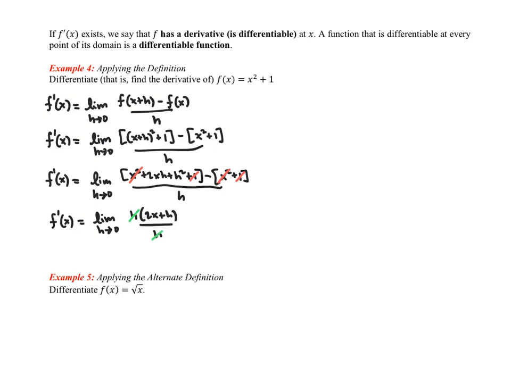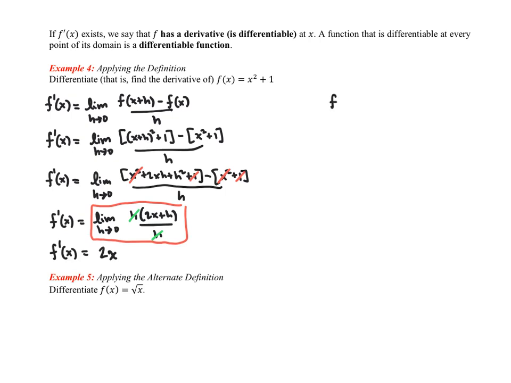Therefore, like we saw earlier, the derivative function for x squared plus 1 is exactly the same as the derivative function for x squared. It comes out when I evaluate this limit. Notice how I'm going to evaluate this. As h goes to 0, 2x plus h goes to 2x.